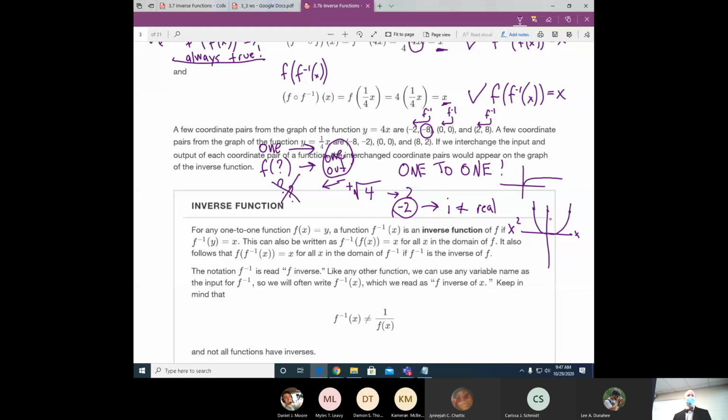This is not 1-to-1, unless I say only for x between 0 and positive infinity. Then it's 1-to-1 by saying, sorry, I'm not going to consider numbers that are negative. Now I have a 1-to-1 function that I can do my inverse on. And I'll get a function that looks like this, which is square root.